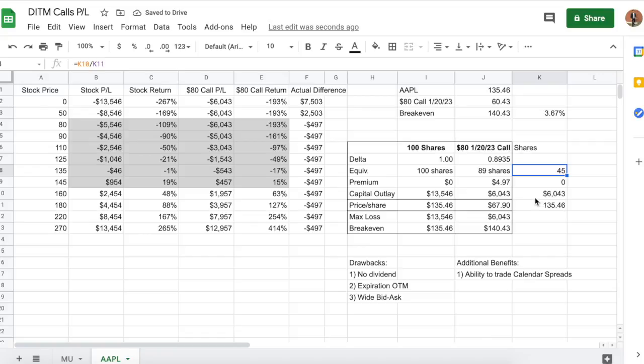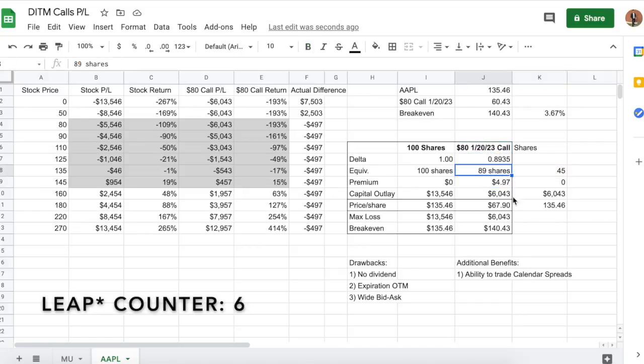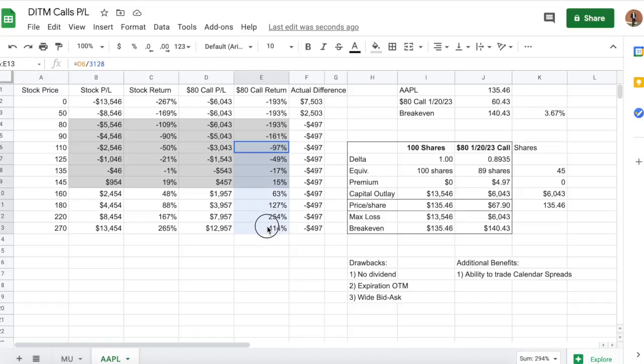So if you were to go out and spend $6,000 buying Apple stock, say you're committing to spend $6,000 on Apple. If you bought the shares outright for $135.46, you can get 45 of them. Or you could buy this LEAP and get the equivalent of 89 shares for the exact same cost basis. Okay, so you're doubling your exposure, which is the powerful thing. So you see these percentage gains, 414% versus 265.